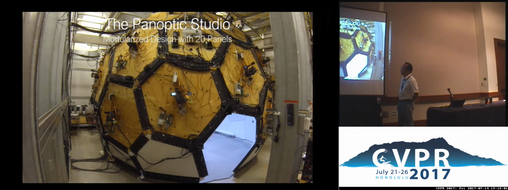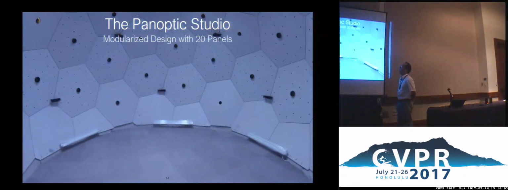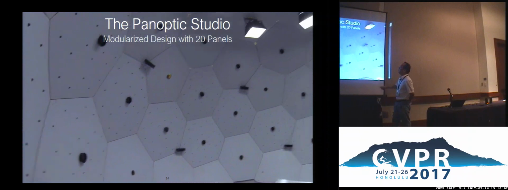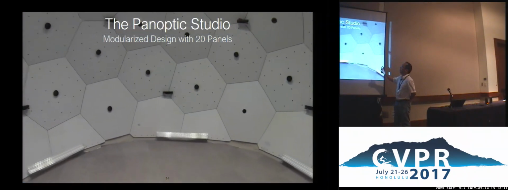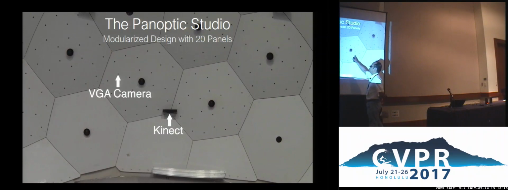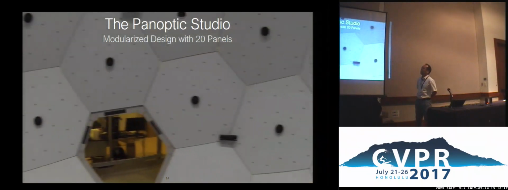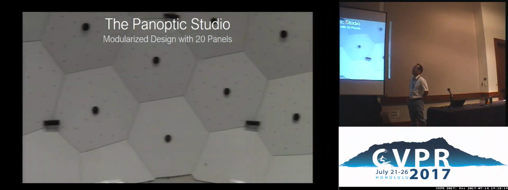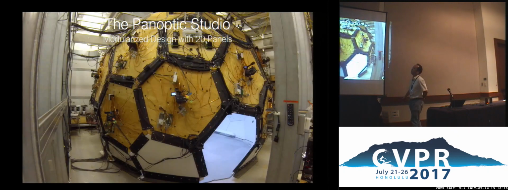So we have VGA cameras, and in the dome all these small dots are the cameras, in fact, and the large circles are the HD cameras. And also we have Kinects. The background is painted gray because it doesn't have a colored reflection.